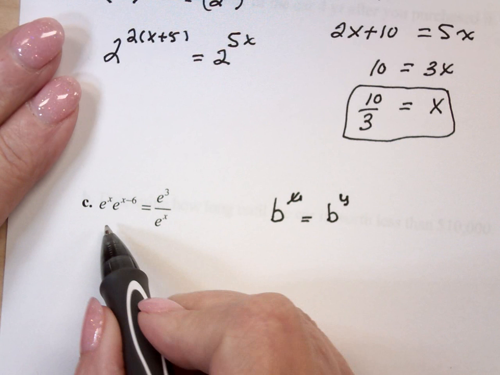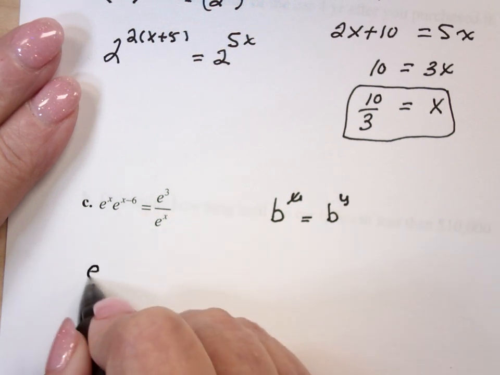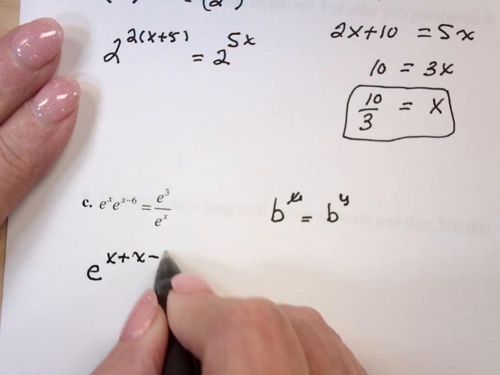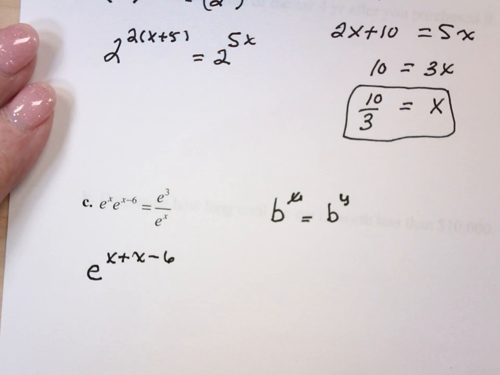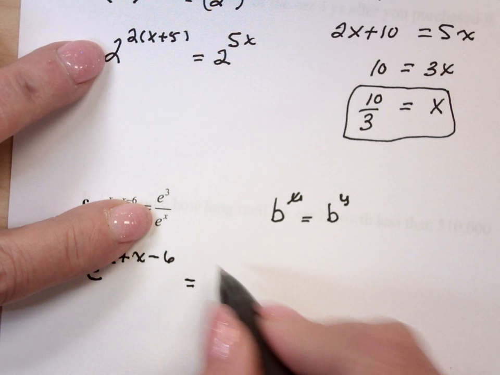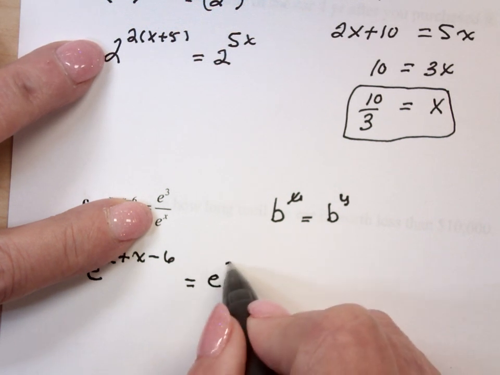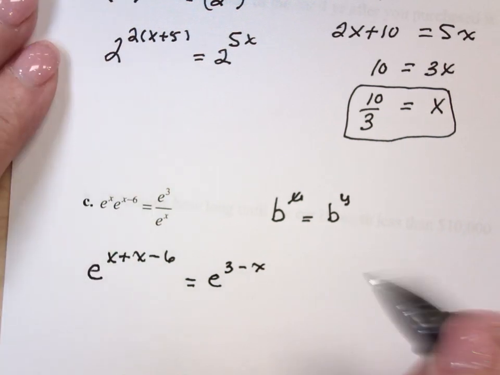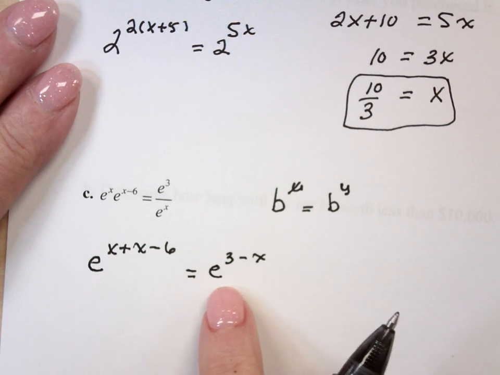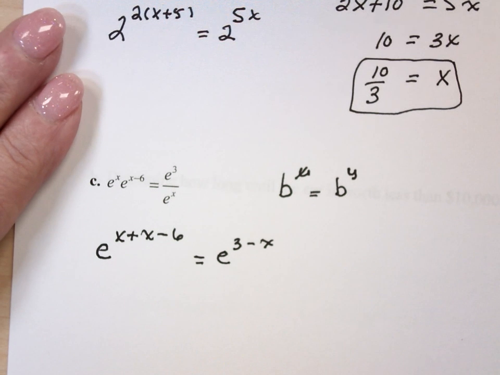So e to the x times e to the x minus 6, if the bases are the same, in this case, you're going to add the exponents. On the other side, you've got a division where the bases are the same. Properties of exponents say you subtract the exponents. So now I have what I'm looking for. I've got e to the something equaling e to the something, so the two somethings must be equal, right?